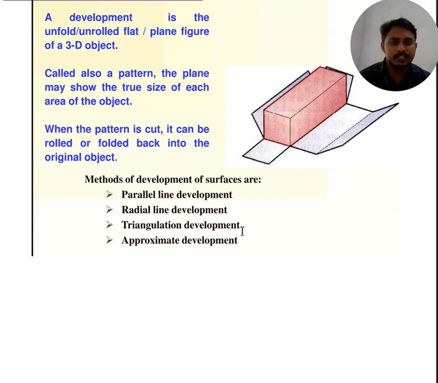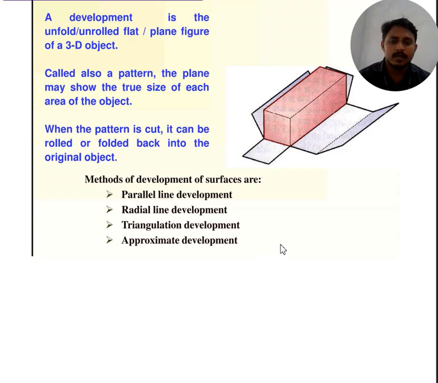Then triangulation development: this method is based upon triangulations. The triangulations are formed. So this method is applicable in the case of a sphere and oblique objects. Then the fourth one, the approximate development method.